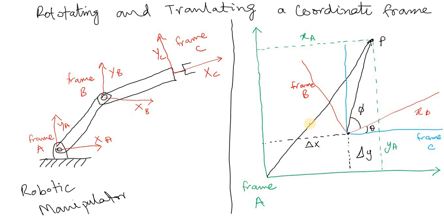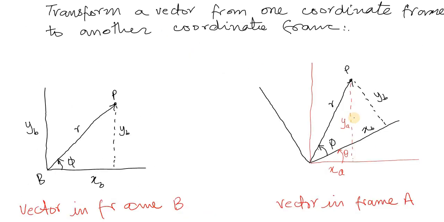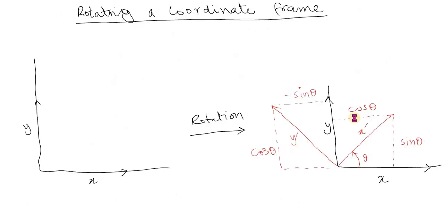Now we have all these quantities, and first we try to find the effect of rotation of frame B with respect to frame C. You can use the same principle as we did here, rotating a coordinate frame.